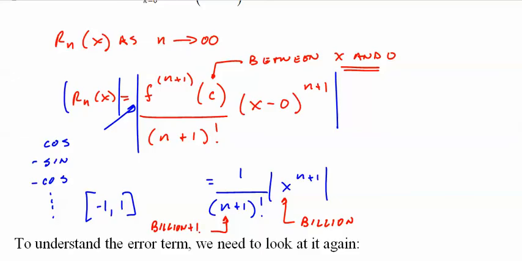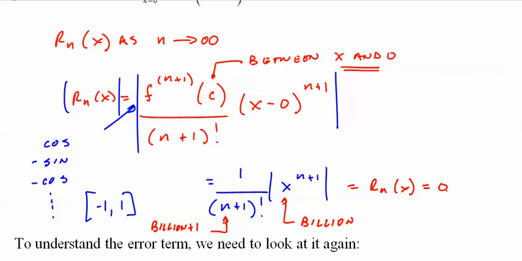We use this expression, and it will sweep the remainder to 0. So we get remainder equals 0. That completes the proof.